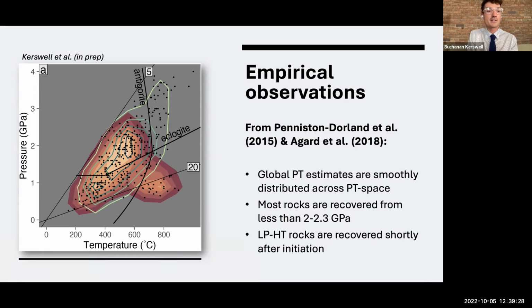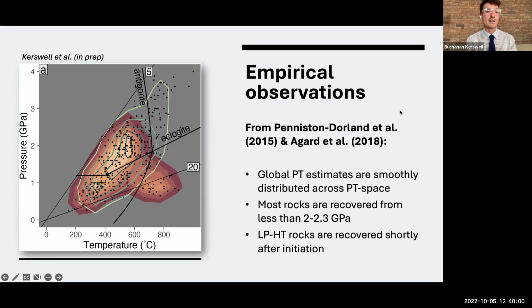So you can see that there are some similarities and some differences in terms of how these PT estimates are distributed. Agard and others include a lot more low temperature, high temperature, low pressure rocks that are related to initiation. And Penniston-Dorland et al. include a lot of ultra high pressure rocks that are really not related to steady state subduction, but are more related to the onset of continental collision.